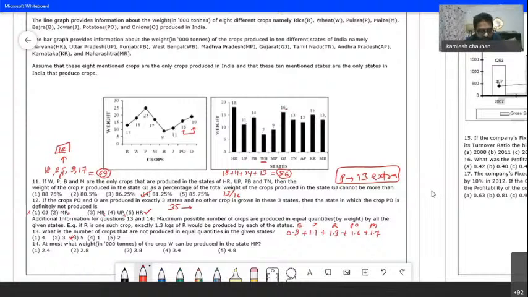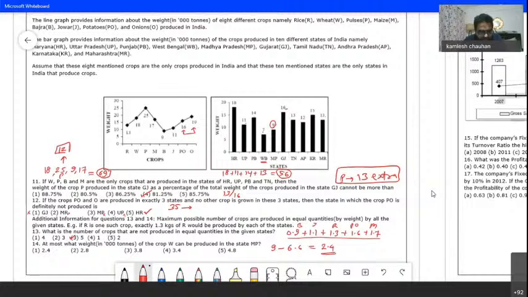Okay. Question number 14. At most what weight of W can be produced in state MP? In MP 9 we are producing. Now we have to grow everything equal, so these are the crops we will grow. Their sum is 6.6. So how much is left? 2.4.